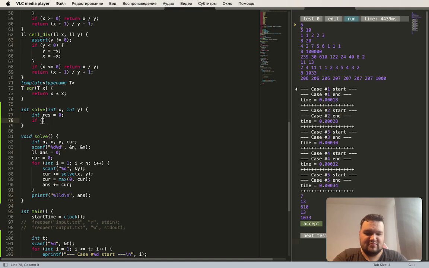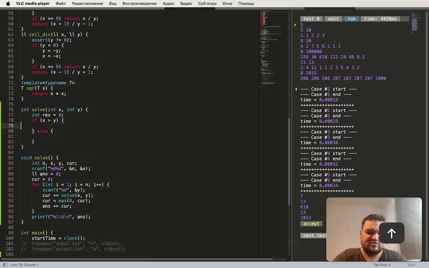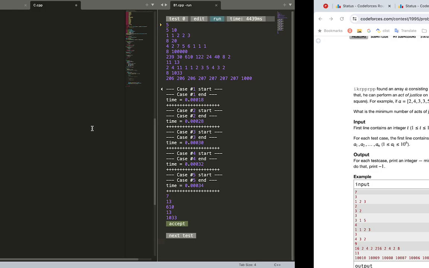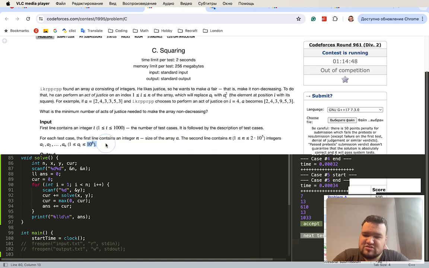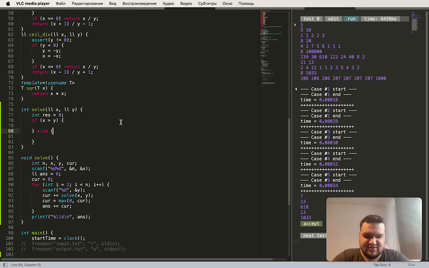And here it is simple to do with just 2 cases. If our number is actually smaller, then we apply squarings until it becomes bigger. Also, I want these numbers to be longs because I think they're bounded by 10 to the 6, right? So if I have 10 to the 6 and 10 to the 6 minus 1, when I apply a square to it, it will become on the order of 10 to the 12, which doesn't fit in an integer.